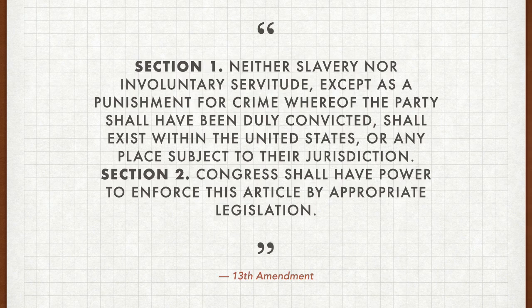Second part's super important. That's a sticky part that we still deal with today, right? Except as a punishment for crime. This is where we get something called the convict lease system, right? Basically, convicts are leased out to do extra jobs, like work in governor's mansions in some states, fight California wildfires, stuff like that.